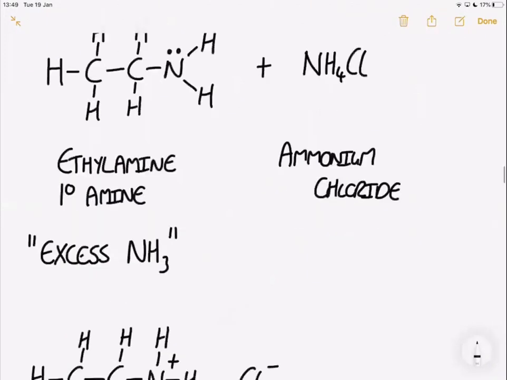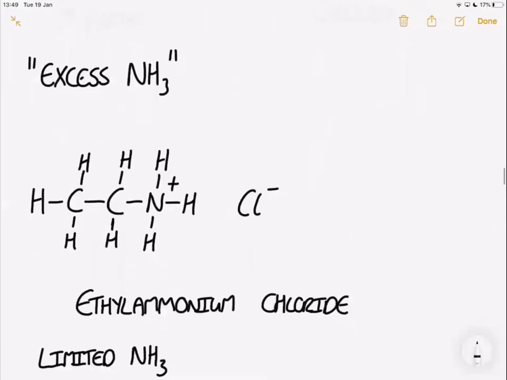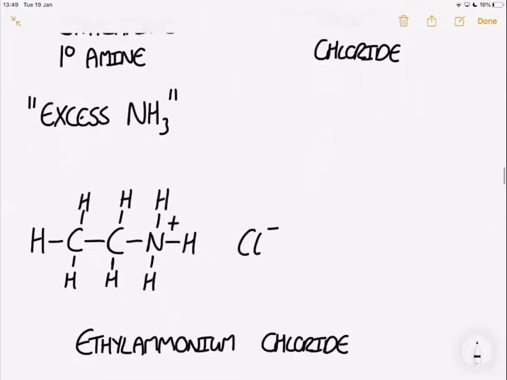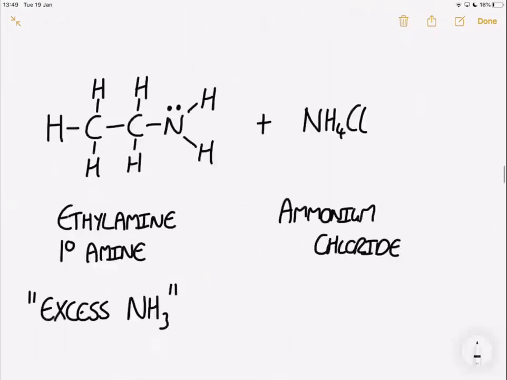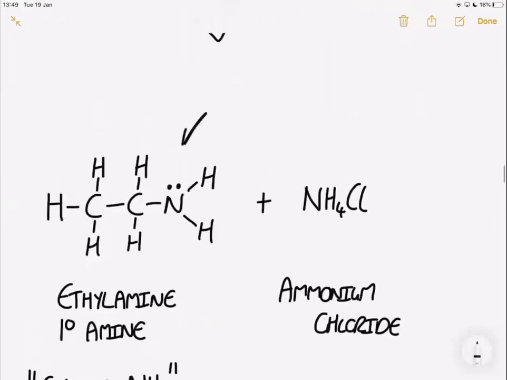The first one is that actually ethylamine up here, we learned in the previous lesson that ethylamine is a stronger base than ammonia because it's got a bit of that positive inductive effect, whereas ammonia has none. Why is that important?